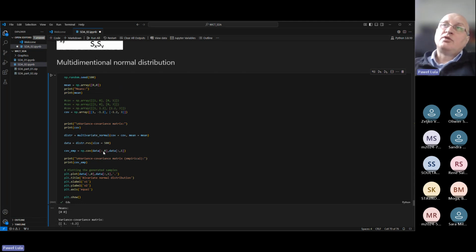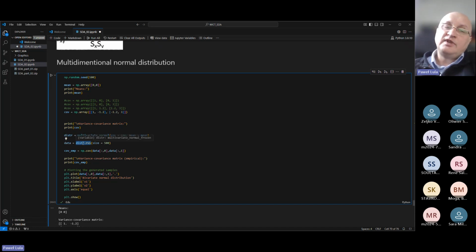Now I think that you know how to interpret parameters of multidimensional normal distribution. To define this distribution, we use this command, and to generate data set, we use this command.